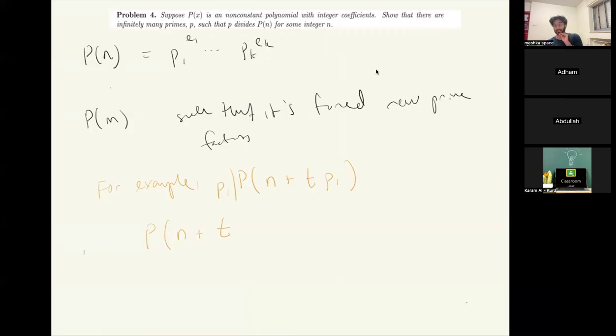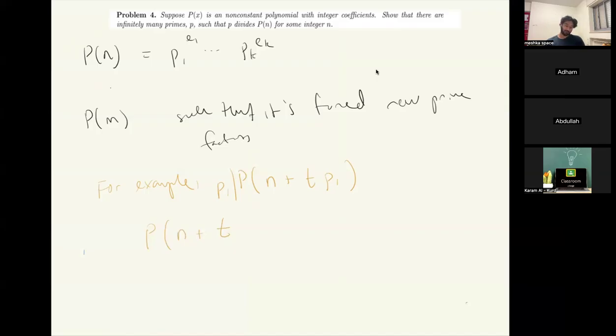Even if m is not congruent to n mod p, so m is congruent to n plus l mod p and l is not 0, it's okay.